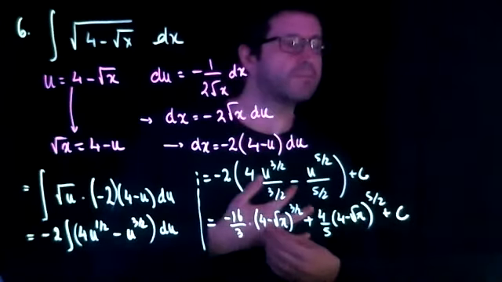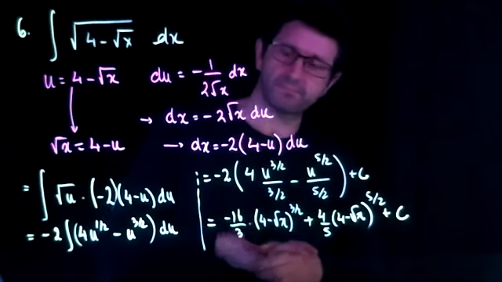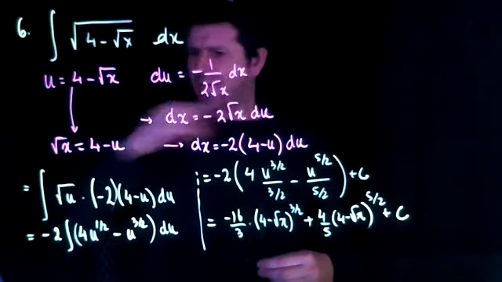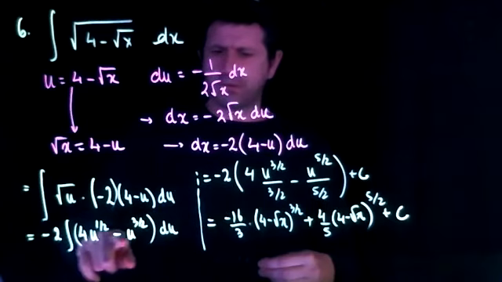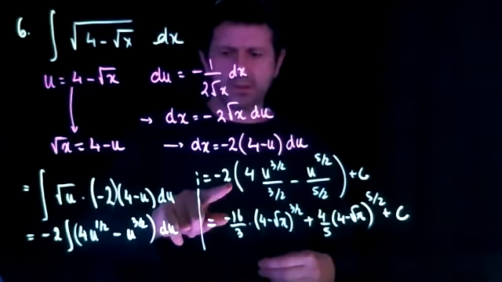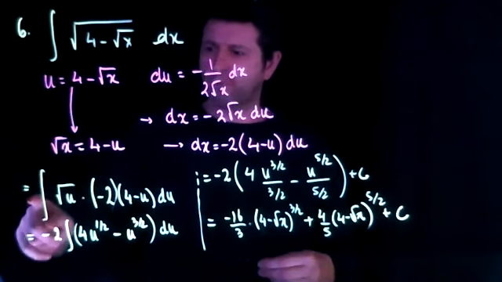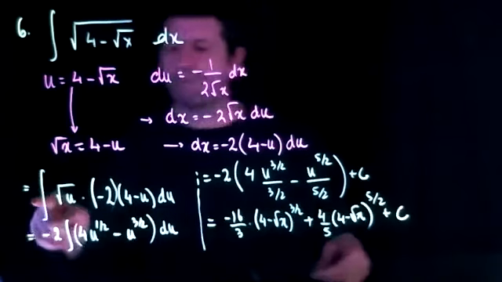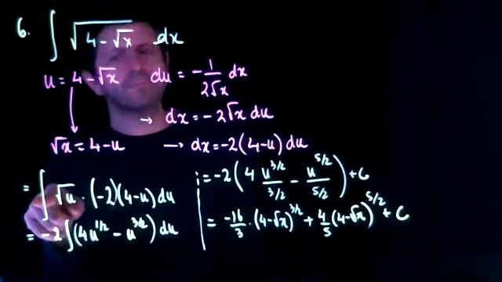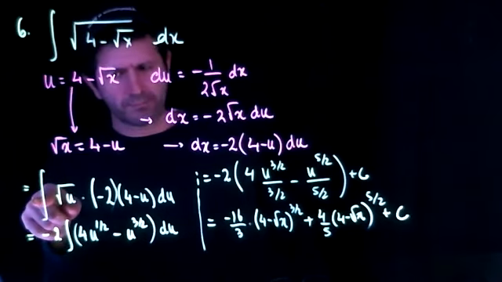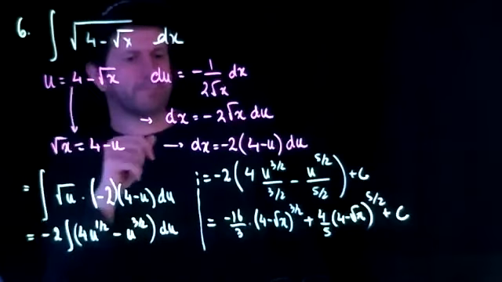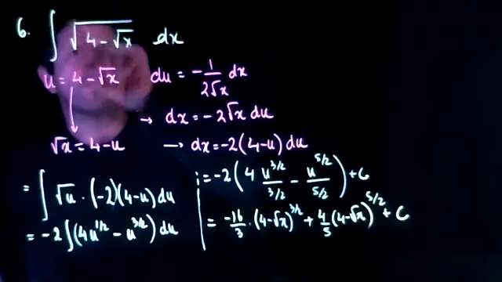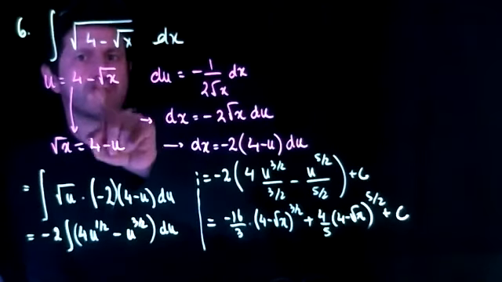Yes, I have a question. Your third line, isn't it supposed to be equal to your equation up there? It is because here I have the square root of u, right? 4 minus root x is u.